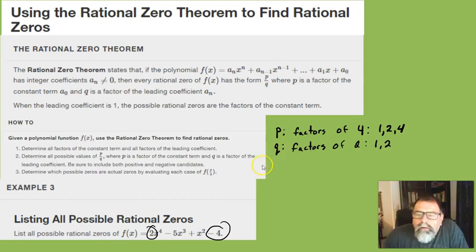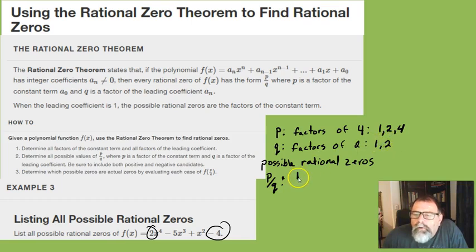So now our possible rational zeros are all the combinations of all the different factors for P and Q. So 1, 2, 4. So basically just do a system here. You could start with the first one and put it over each of the Q's.